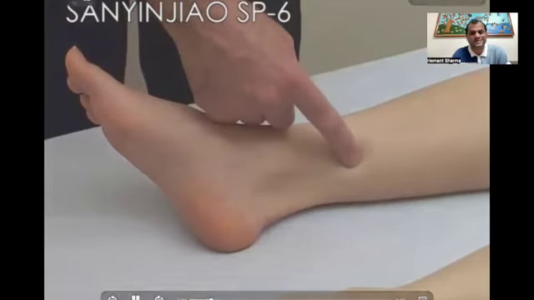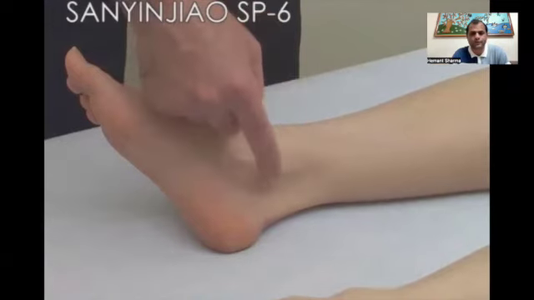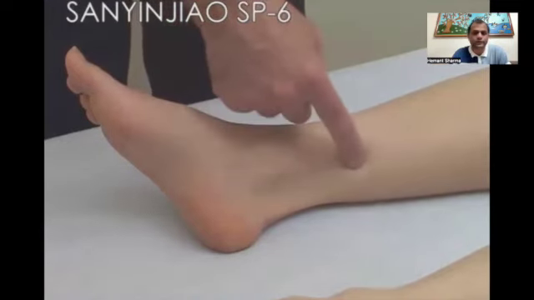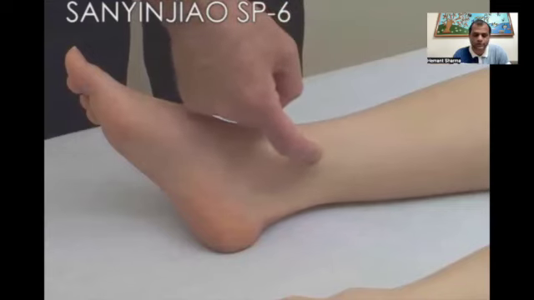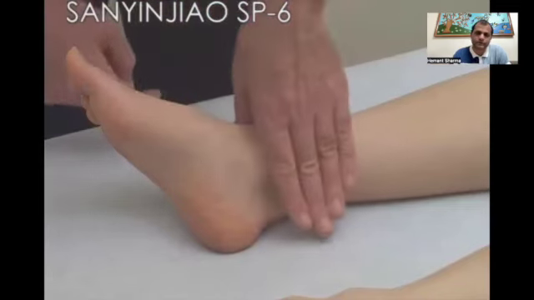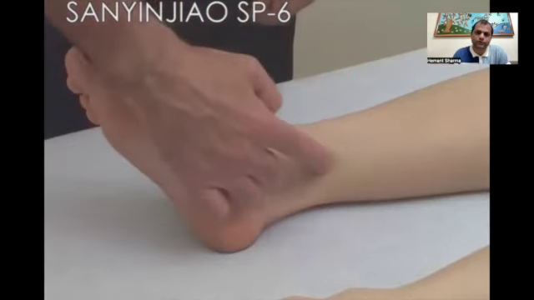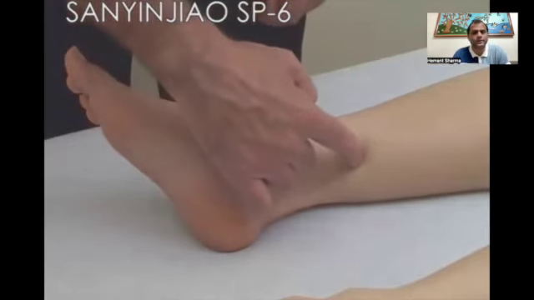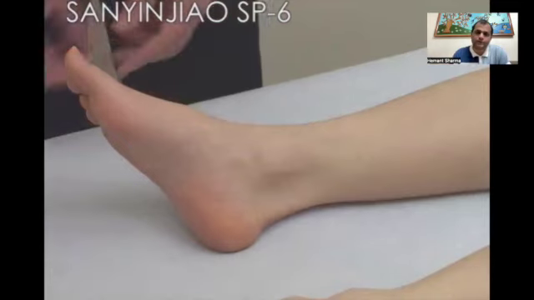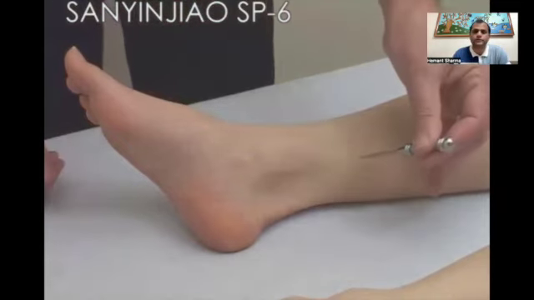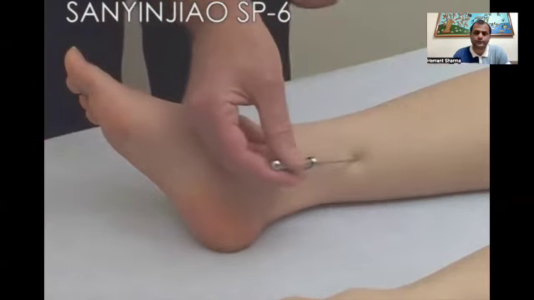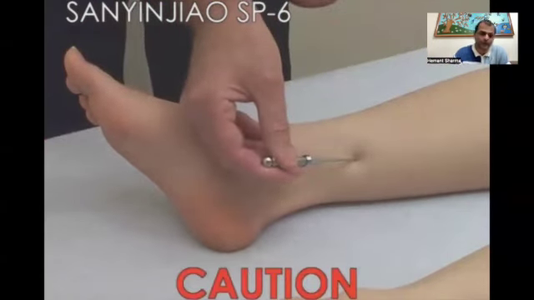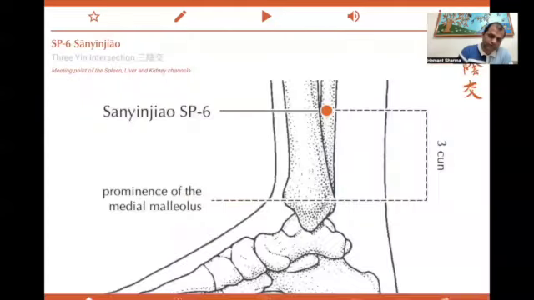We know spleen 6 is found a little up, but we have to take the point a little up or down on the same meridian, right? So spleen 6 is found 3 cun up, but again I will repeat, forget the point. You can put the point on spleen 6 or before that, right?